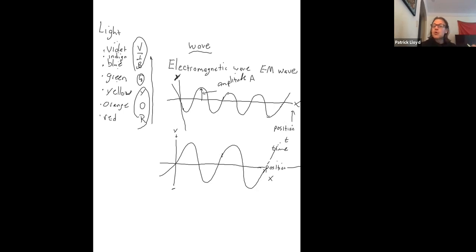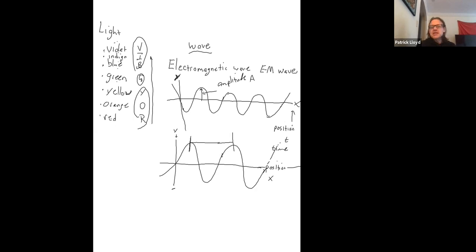So the first parameter, the first measure that we're interested in, is called the wavelength. We're going to define the wavelength as the distance or displacement between two adjacent peaks. So how far are those peaks away from each other, right? Those are called peaks.